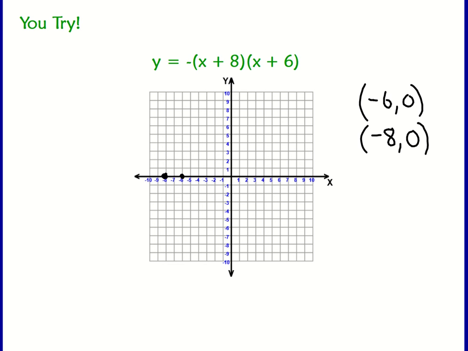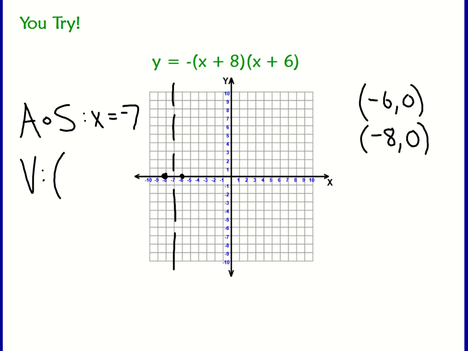This is one where I don't want to have to algebraically compute the average to find my axis of symmetry, because I know that the axis of symmetry has to be halfway in between, which would be at x equals negative 7. Then I'm going to substitute negative 7 into the equation so that I can find the y-coordinate of the vertex.